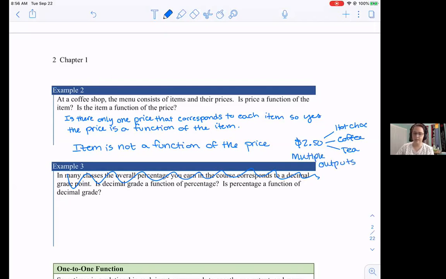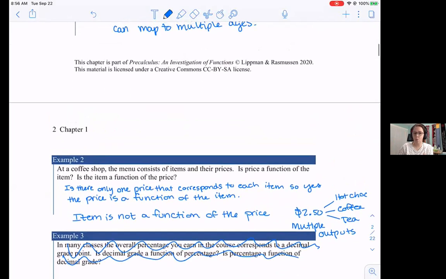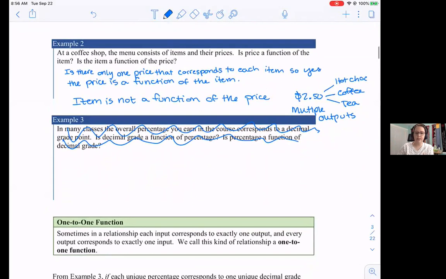It helps me to make little maps like this to see inputs and outputs and whether it's mapping to a single output. If it only maps to one output, that's when it's a function. I'm going to skip example 3 because I hate the wording on it. Are either of these two examples one-to-one functions? A one-to-one function means every input has only one output and every output only has one input.